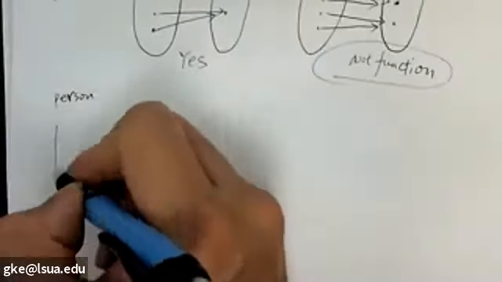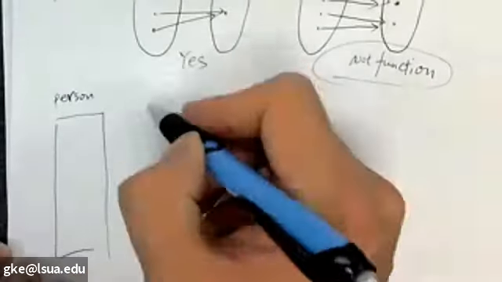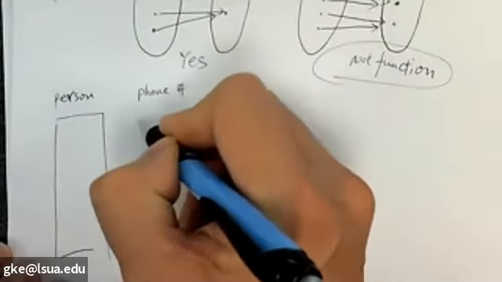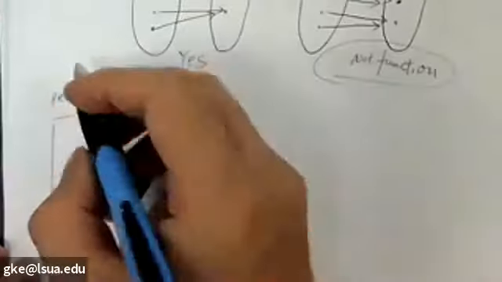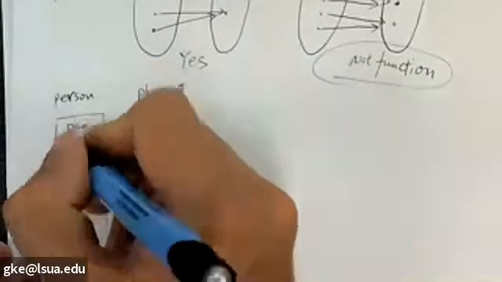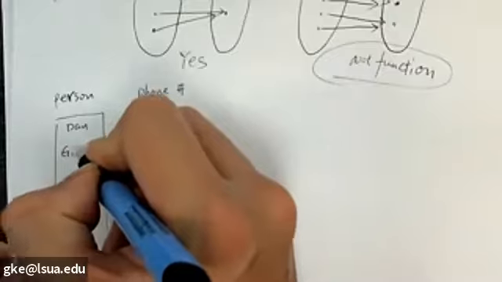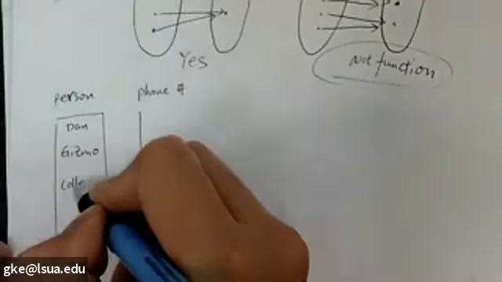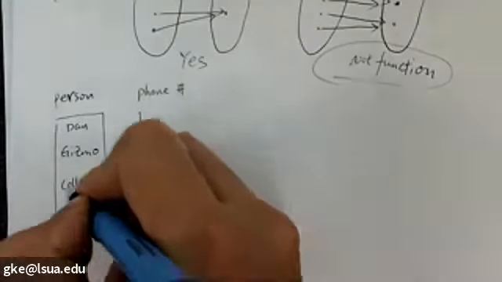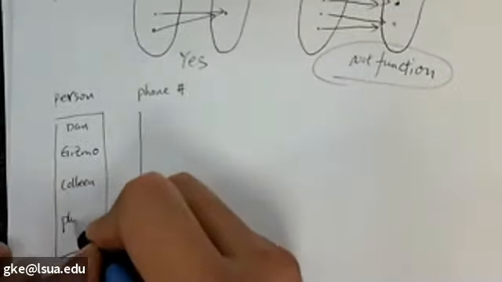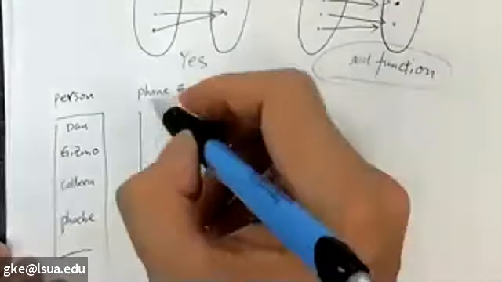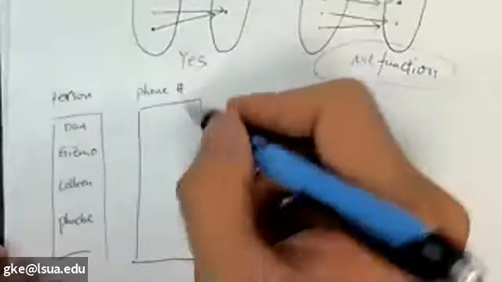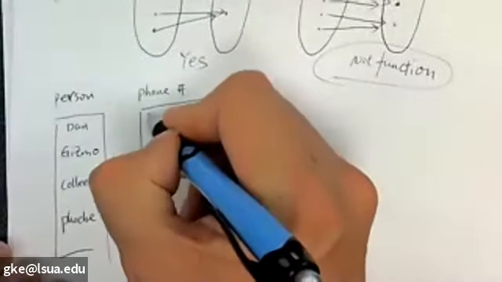Person, phone number, then calling Phoebe, and for each person, we have a phone number.